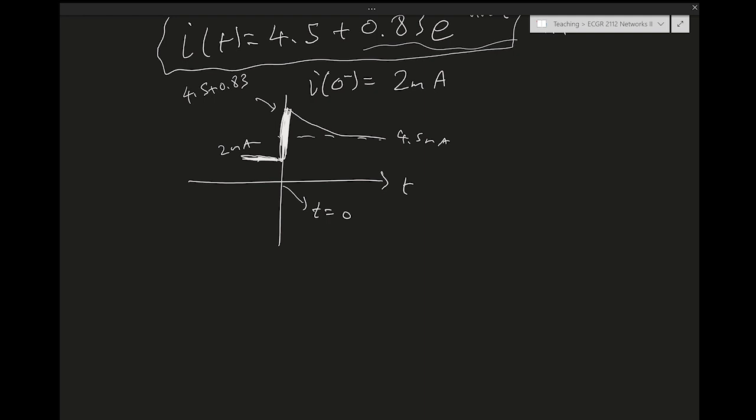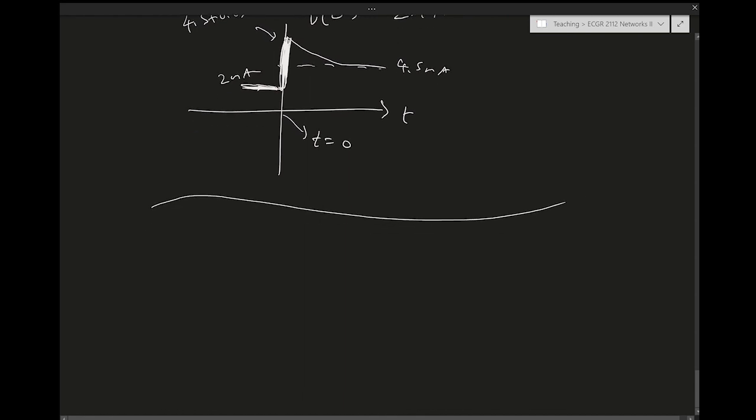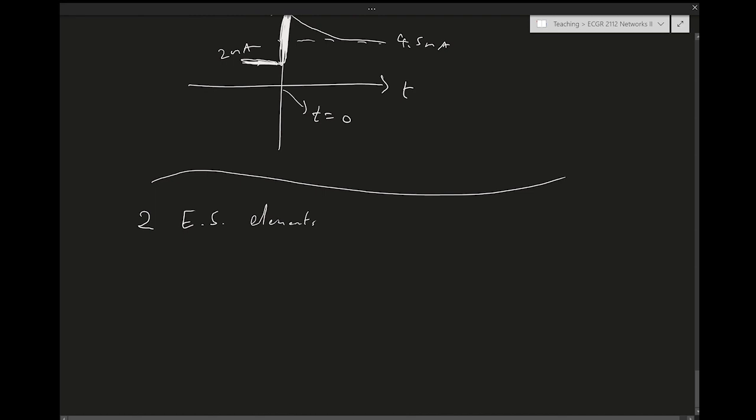Okay, second order transients. Those are the kinds of transients that arise when we have two energy storage elements in a circuit, two differing energy storage elements, or I guess energy storage elements that are disconnected.